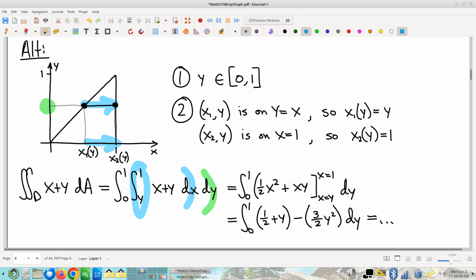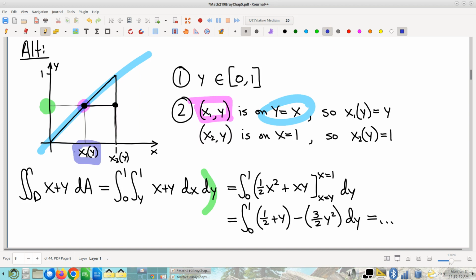Okay, well, again, playing the game. This is the point that tells me my lower bound. That point is on that curve that has that equation. Quick reminder, because I get confused easily, I am looking for a formula for the x lower bound, so I need to solve for x.